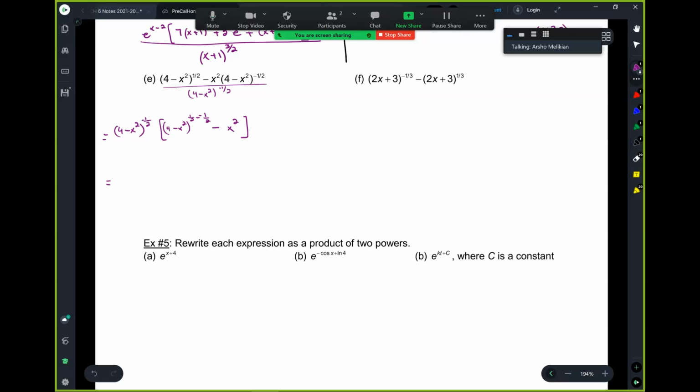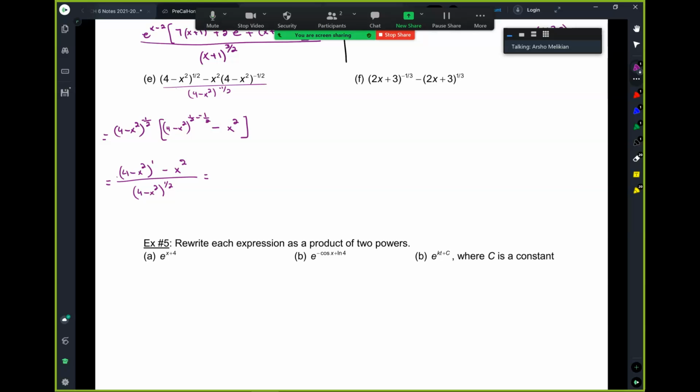This has a negative exponent, so it's going to move to the denominator. So let's see what we've got left. We have here 4 minus x squared to the power of 1 minus x squared over 4 minus x squared to the 1/2. And then you simplify this, so it's 4 minus x squared minus x squared.